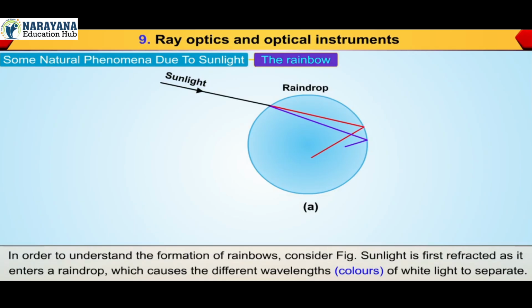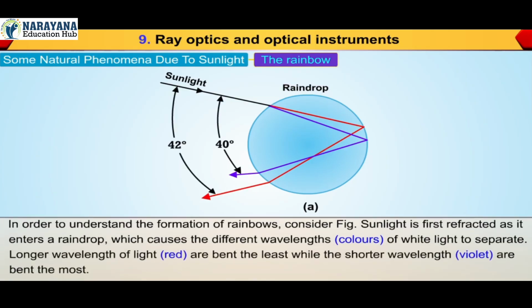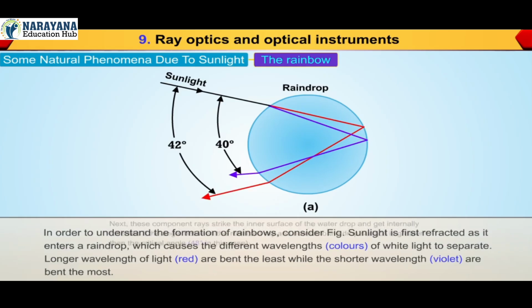Sunlight is first refracted as it enters a raindrop, which causes the different wavelengths or colors of white light to separate. Longer wavelengths of light, such as red, are bent the least while the shorter wavelengths, such as violet, are bent the most.